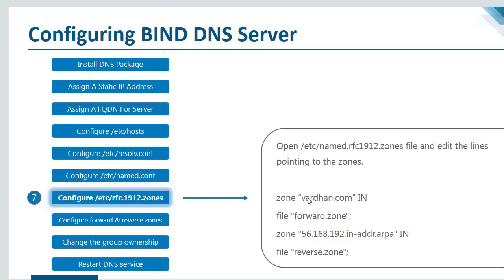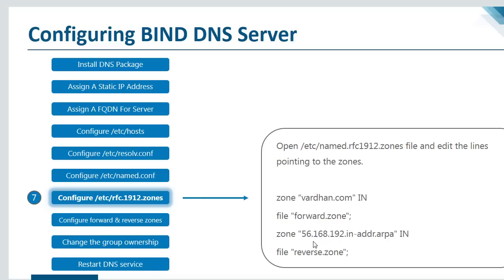Your first zone would have the rules and settings for what should be returned when they access you through the forward lookup, and when they access your server through the reverse lookup, the settings for those would be present under the other zone. I've defined the forward lookup as my domain name here. As you can see, it's in the form of vardhan.com, which is like a domain name.